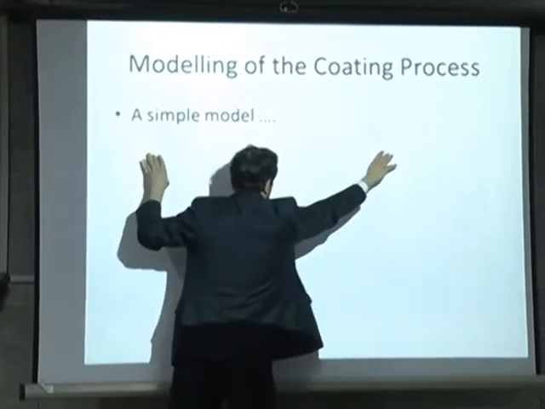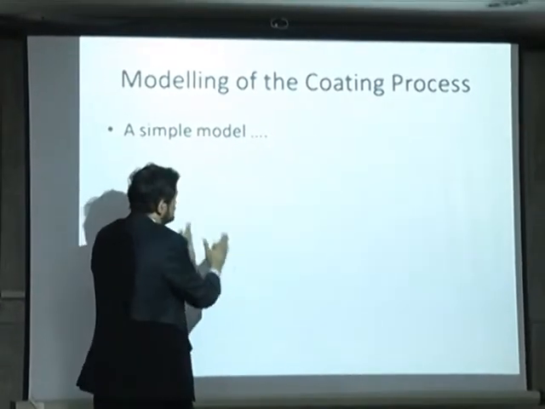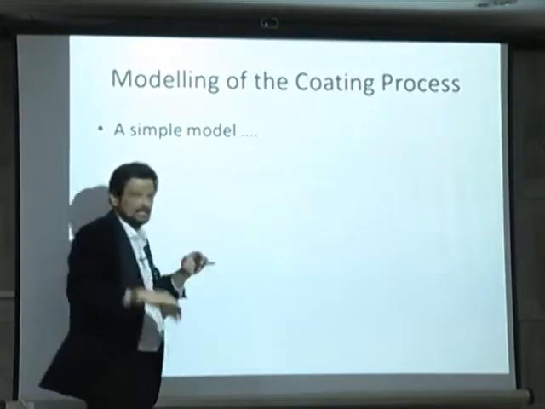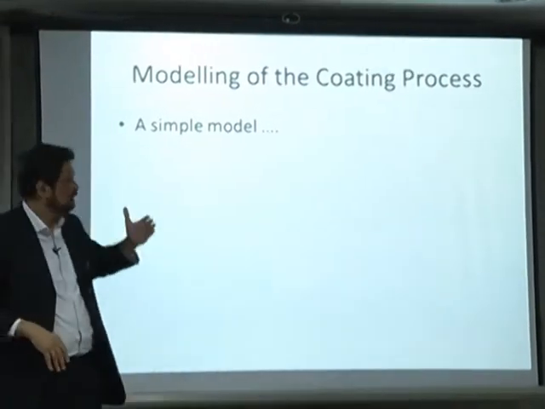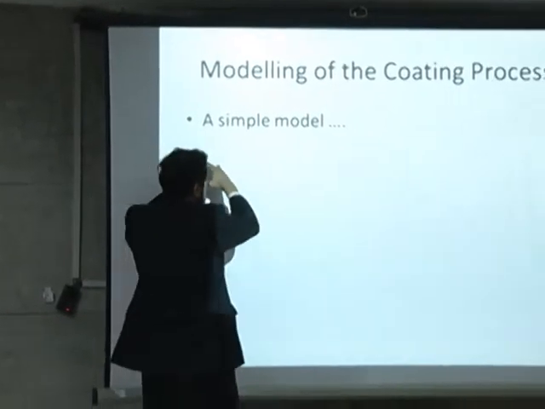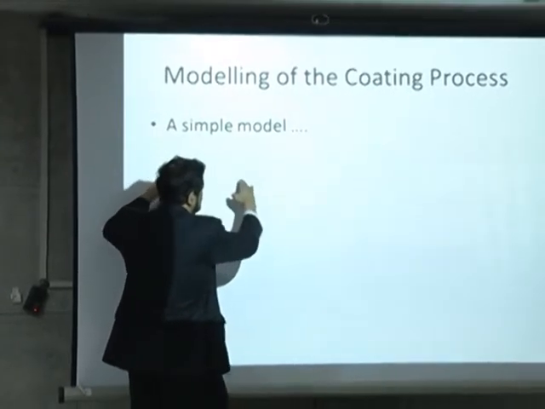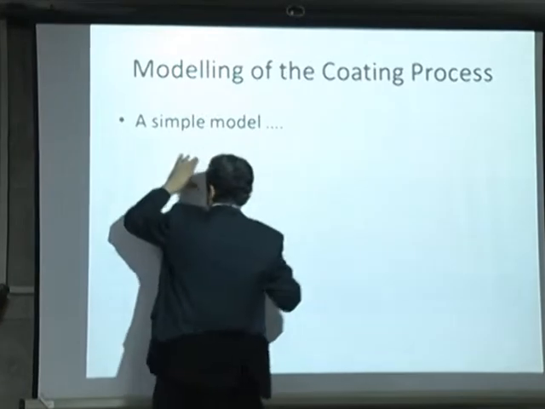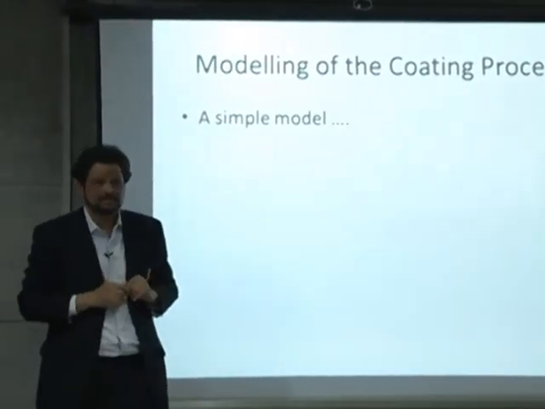If this is a plate like this, as you go away, there will be less and less deposition at the further end. So if you take a cross section of the plate after you deposit it, the actual deposit will look like this. It will be thick in the middle, then thinner, thinner, thinner, and it will go to zero on both sides.